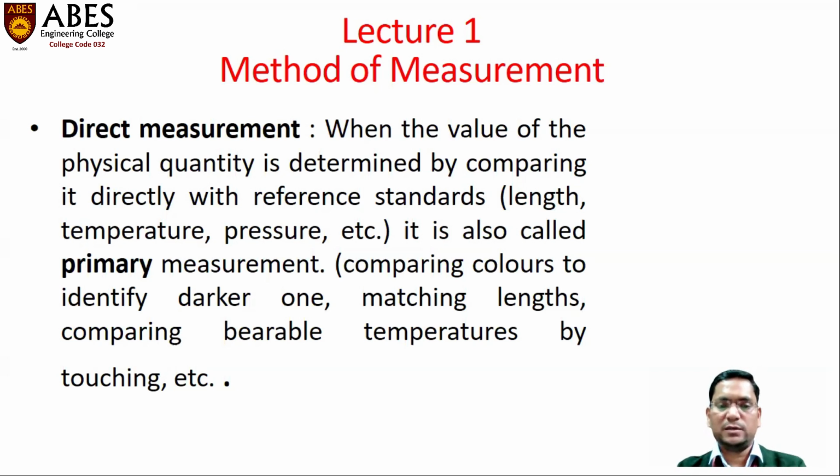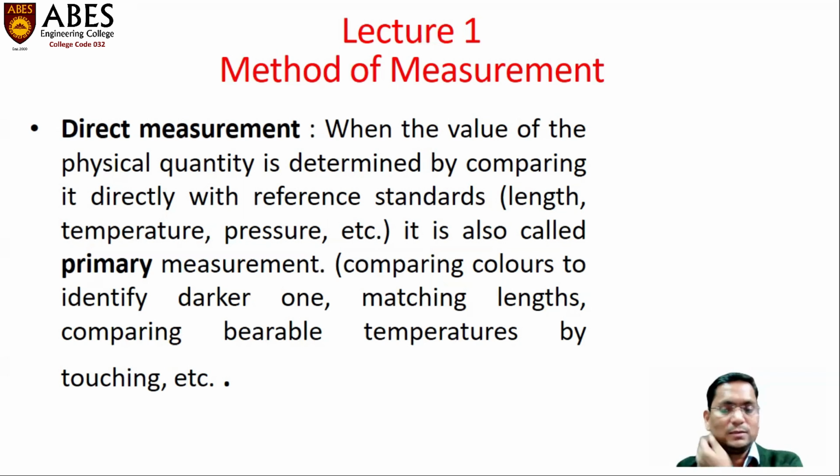In direct measurement, the value of the physical quantity is determined by comparing it directly with the reference standard, like length, temperature, pressure, velocity, and flow rate. These are direct measurements.